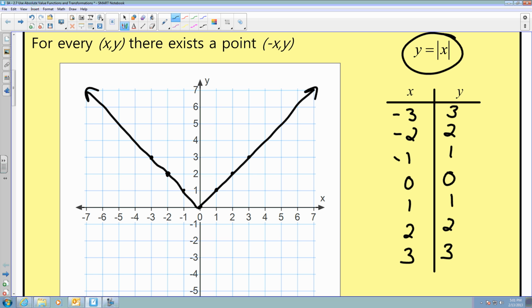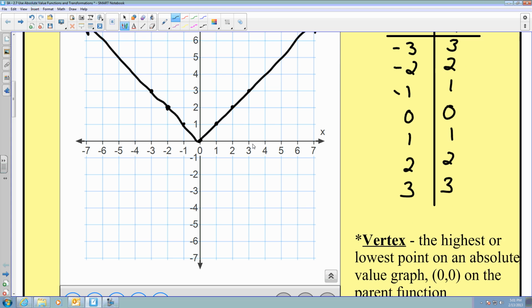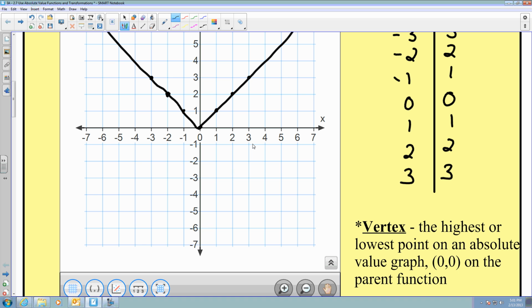So this is what is called the parent absolute value function. The parent absolute value function has a vertex, and that vertex is whatever the highest or lowest point on the absolute value graph. In this case, it's its lowest point, and that's why it's at 0, comma 0.